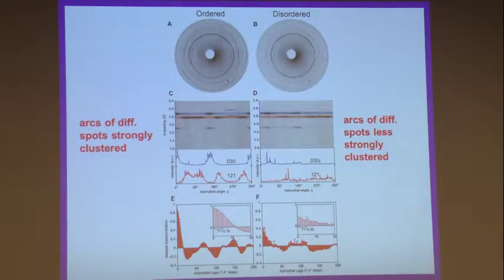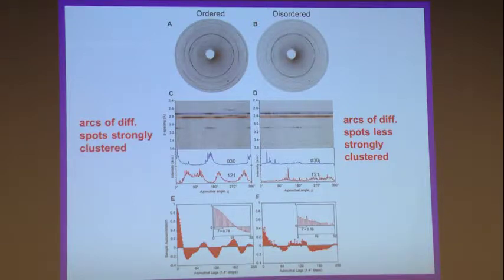So here's real data from an ordered part of the enamel sample and the disordered part of the enamel sample. Here are the two things we're analyzing, the 030 and the 121 reflection for the two. Here are the azimuthal profiles of intensity. And if we compute the autocorrelation value, it's 0.78 for the ordered and 0.35 for the disordered.